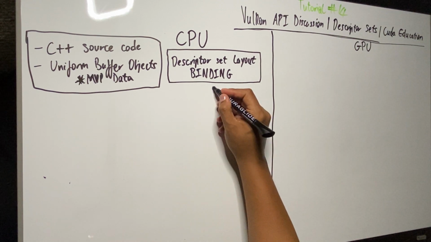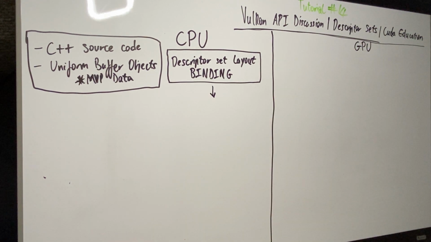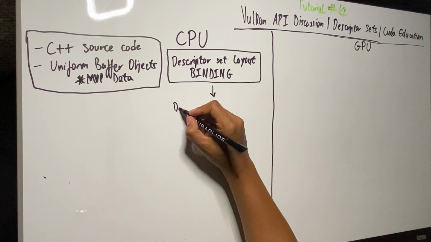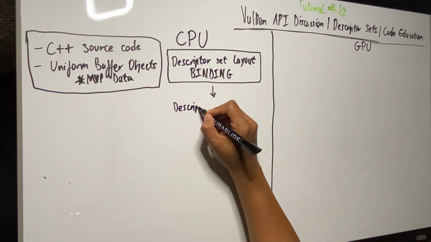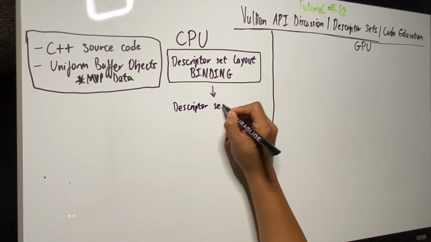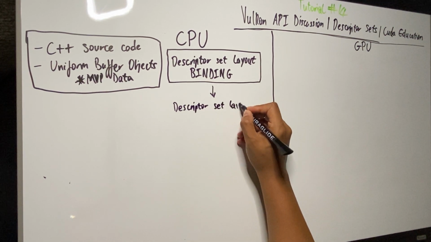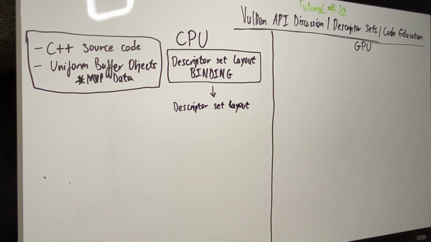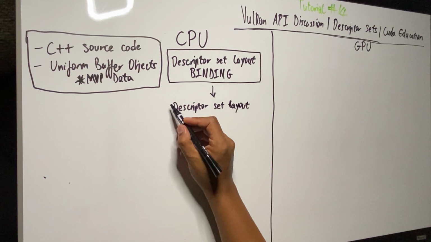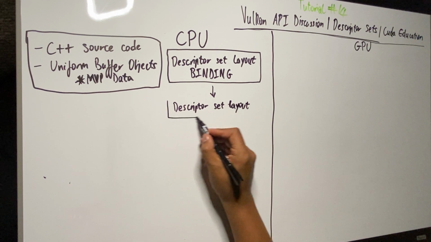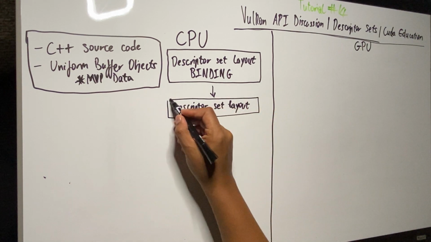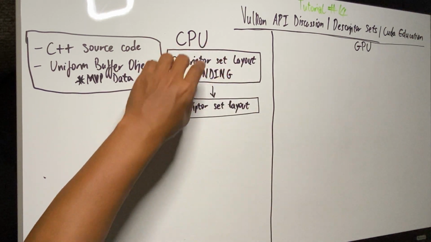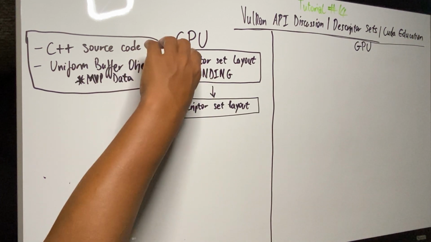Then we have a little bit higher level, simply the descriptor set layout. This was just the higher level construct that we had in our previous picture. No surprises there. We had our descriptor set layout, and then we got to the binding, but we're doing it in reverse now.